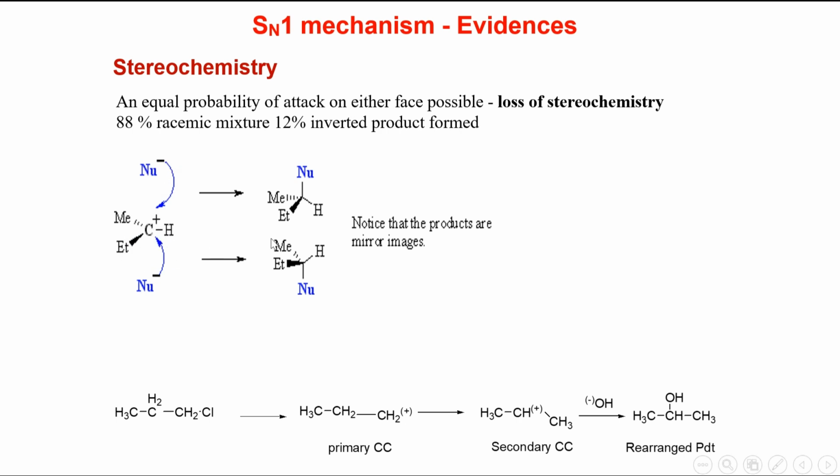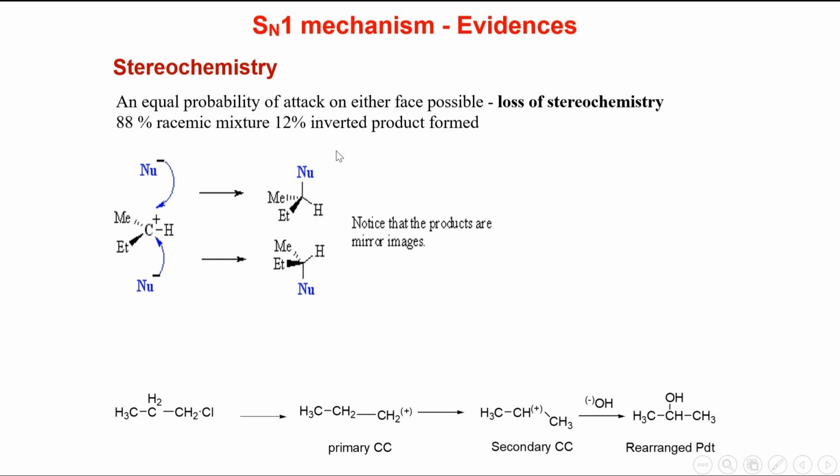When it attacks from front, it gives one type of isomer. When it attacks from backside, it gives another type of isomer, which is the mirror image of the first one. As there is equal opportunity to attack on the carbocation formed, it gives a racemic mixture. If that is the case, it would have given 100% racemic mixture. But it has given 88% racemic mixture and 12% inverted product.